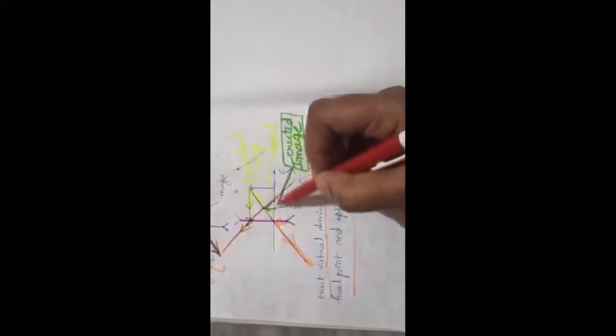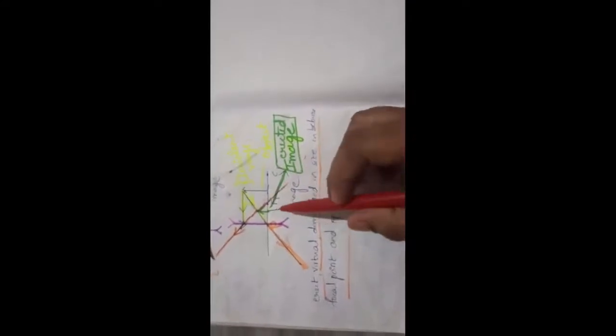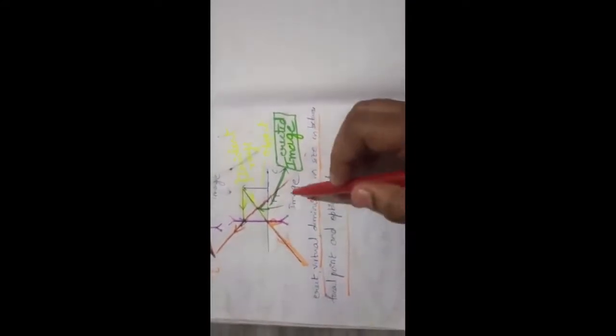We got a virtual, small-sized, diminished image. So this is the case where the object is placed between the center of curvature and focus for a concave lens. Children, in all the cases of concave lenses we get a virtual image only.